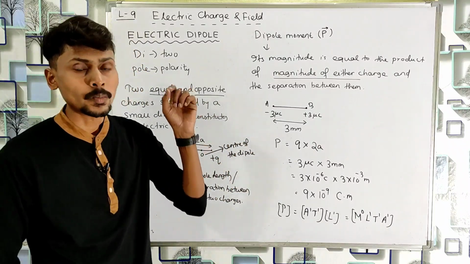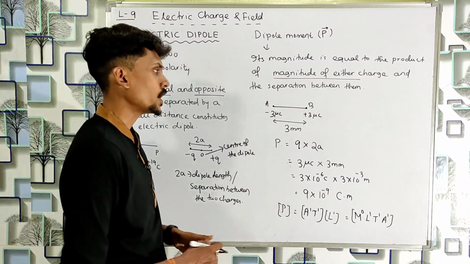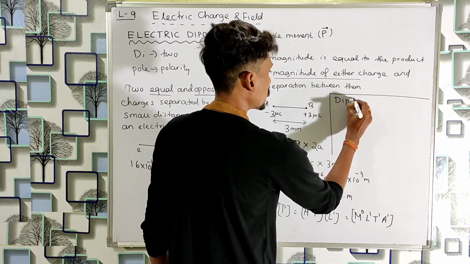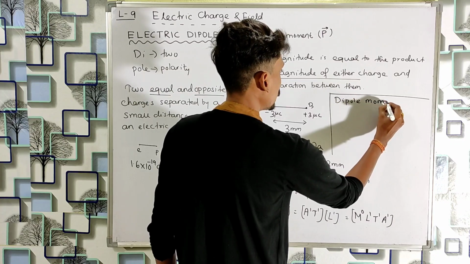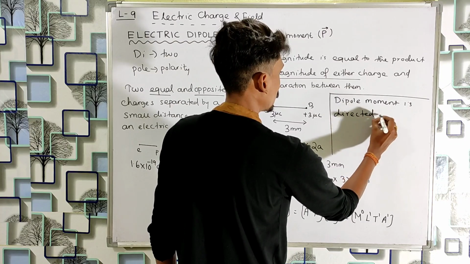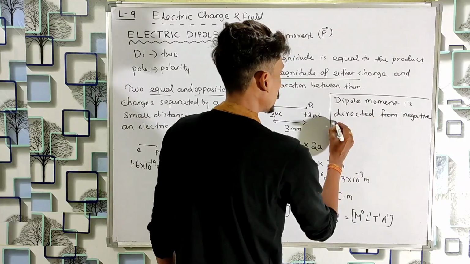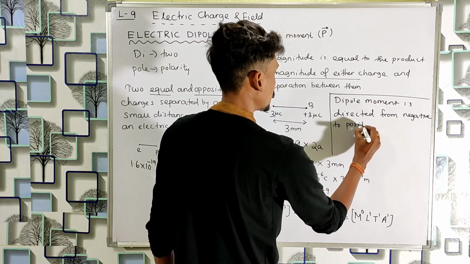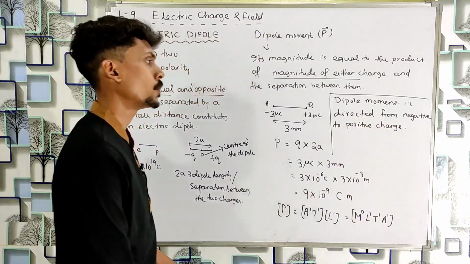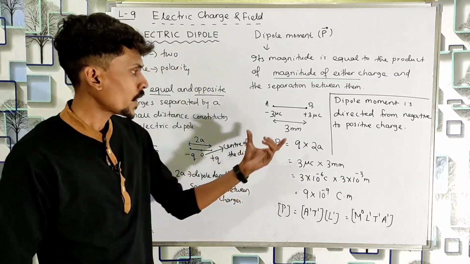But this dipole moment also has a direction, because it is a vector quantity. So what is the direction of dipole moment? Dipole moment is directed from negative to the positive charge. So look at the diagram here.